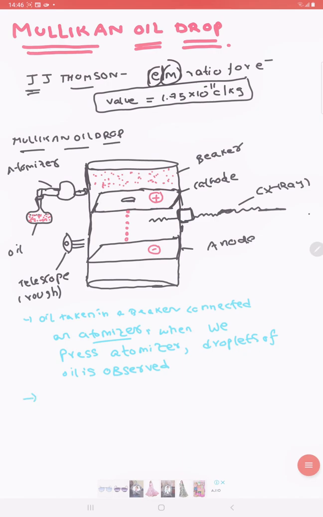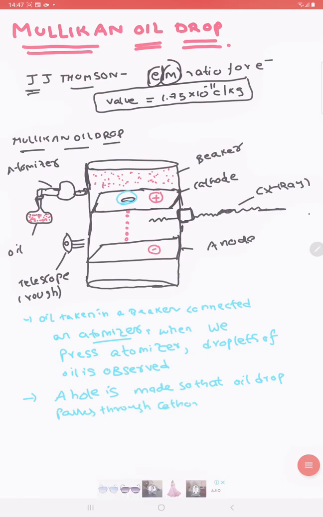Now you can see a hole here. A hole is made so that the oil drop passes through the cathode plate.